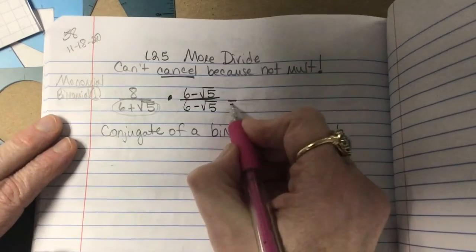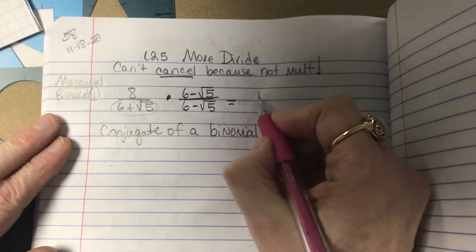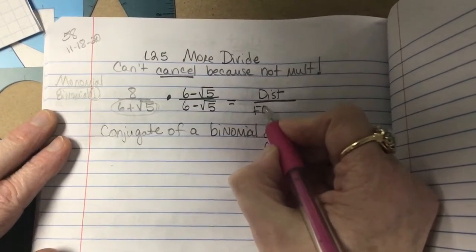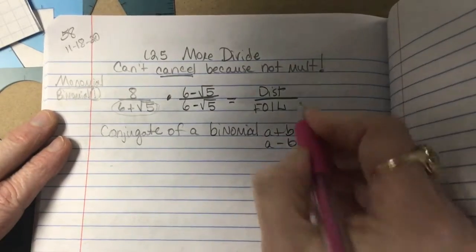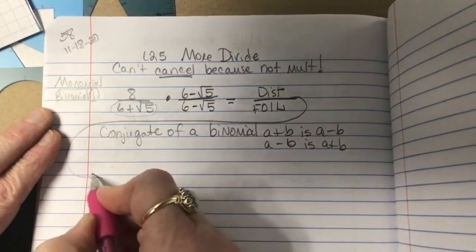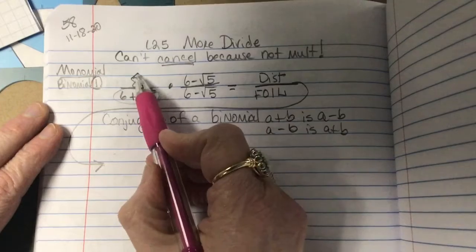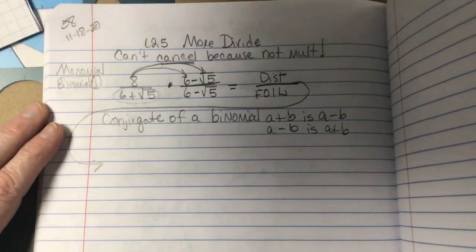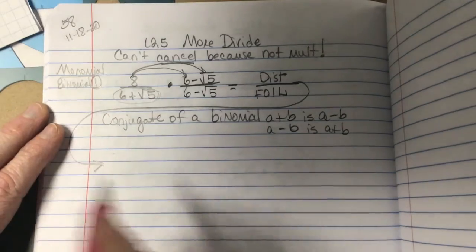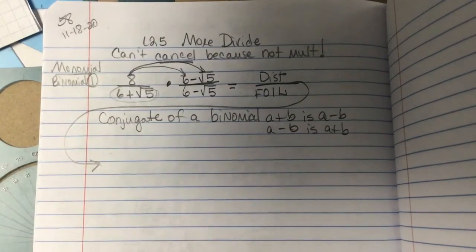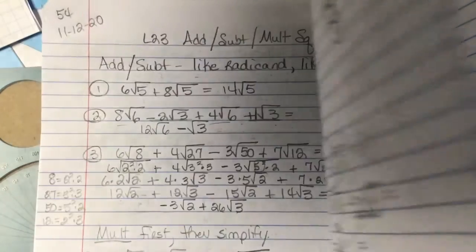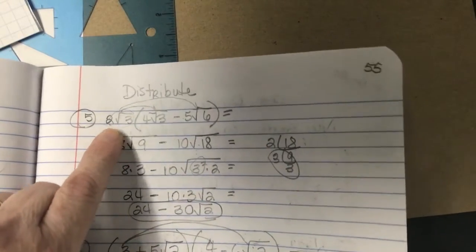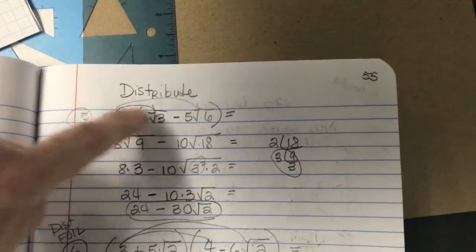Now I'm going to put equals. On the top, you are going to distribute, and on the bottom, you're going to distribute or FOIL. So we're going to come down here and do that. You're distributing the 8 to both of these, and you're going to do that every time. This goes back to lesson 20, or I think it's 23, when we distributed, like when you had parentheses and had to distribute to both of them.